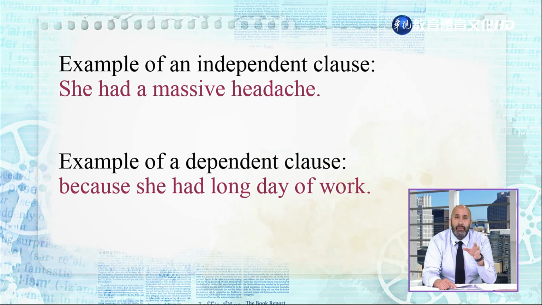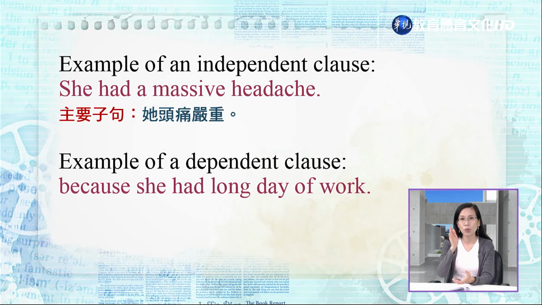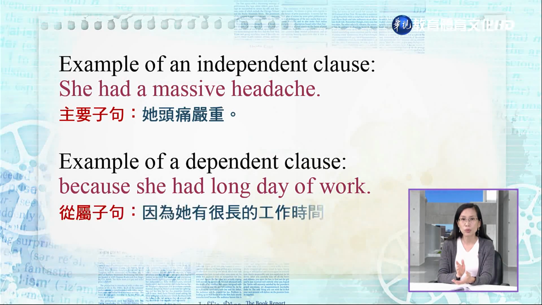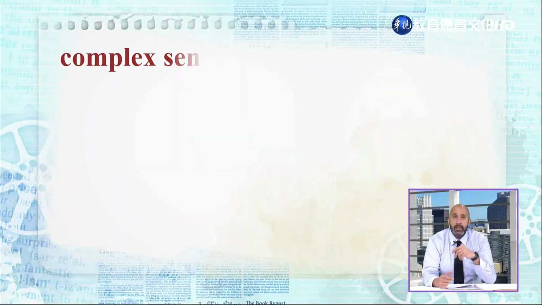And an example of a dependent clause is, because she had a long day of work. 好,那我们这个句话里面主要子句是她头痛很严重,那它的从属子句呢,是因为她有很长的工作时间,加上这个因为,它就变成从属子句,它就不能够单独一个句子存在。 If we put those two together, we get a complex sentence.